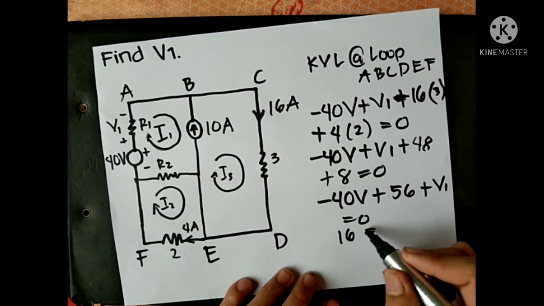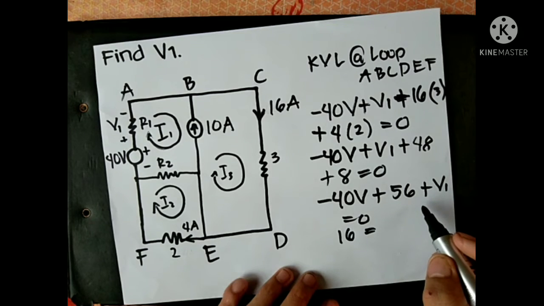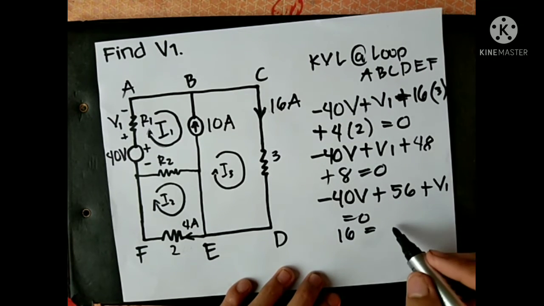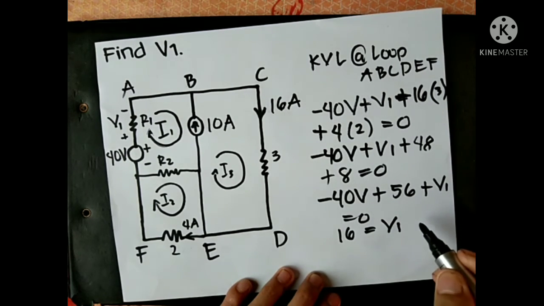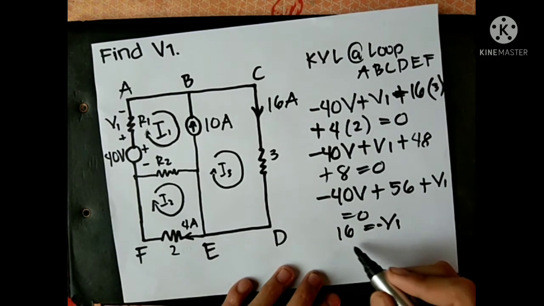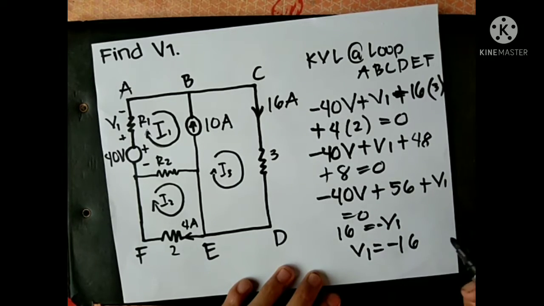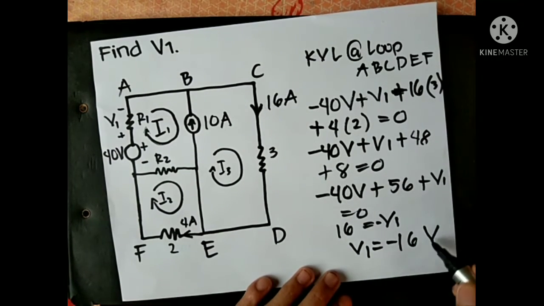Then I transpose the V1 here, so V1 is negative 16 volts.